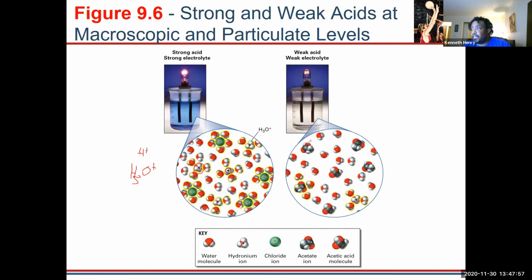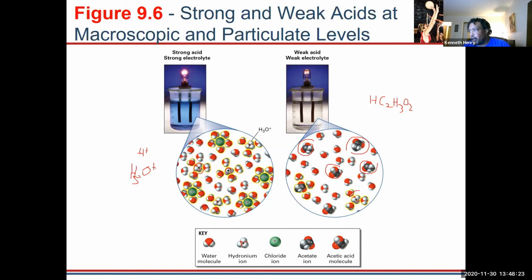Whereas acetic acid, this here, that's HC2H3O2. In our solution, the majority of them are acetic acid. They still have that H connected, and only a few of them are the ions.